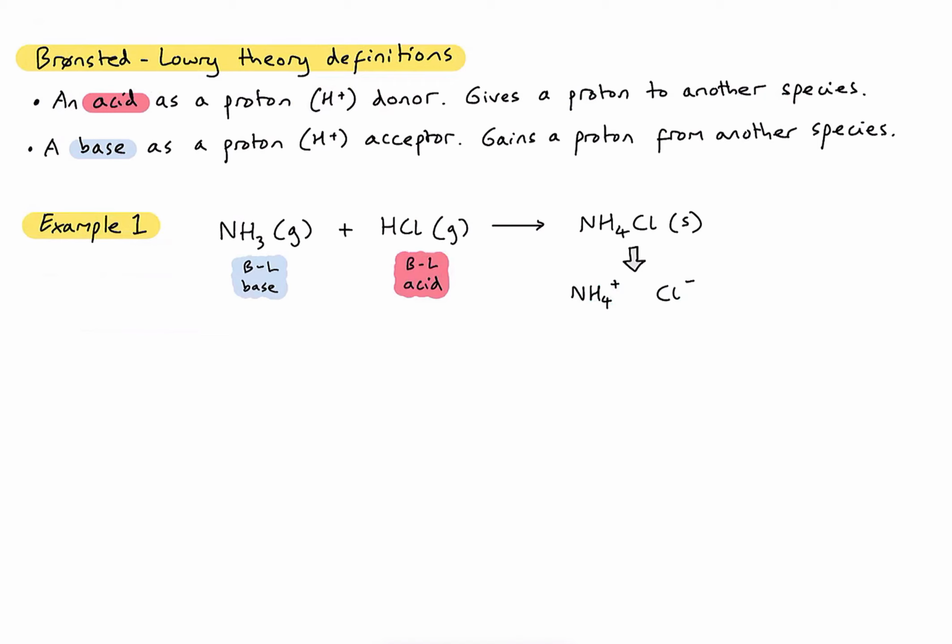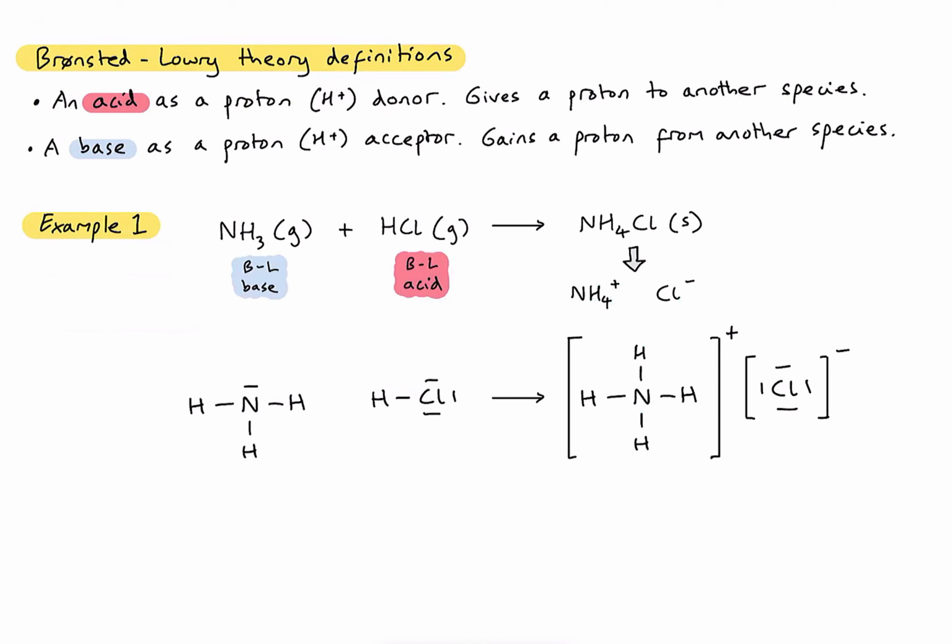And to deepen our understanding a little bit further, let's just draw a Lewis diagram for each of those species. It's going to look something like that. We've got ammonia, hydrogen chloride, and then the two ions found in ammonium chloride. So what technically has happened in this process? Well, there's two curly arrows to help show what's actually going on. The first curly arrow, this one here, is representing the ammonia using a lone pair of electrons to steal or take that H+ from the hydrogen chloride.